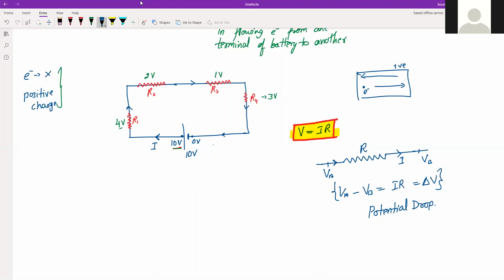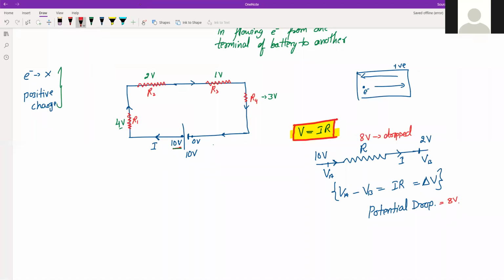So it may have entered here with 10 volts and may be leaving with 2 volts. That means the amount of potential dropped here is 8 volts. So 8 volts have been consumed, or there is a potential drop of 8 volts in the above example.